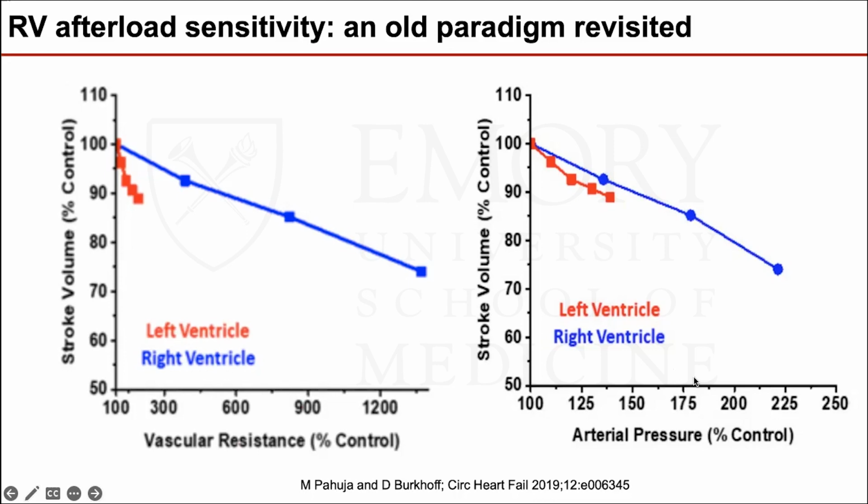Similarly, if you looked at the ventricle's chamber pressure, which is a marker of wall stress, and you plotted it as a function of percentage changes in the peak pressure, the RV and LV actually behave pretty identically to afterload.